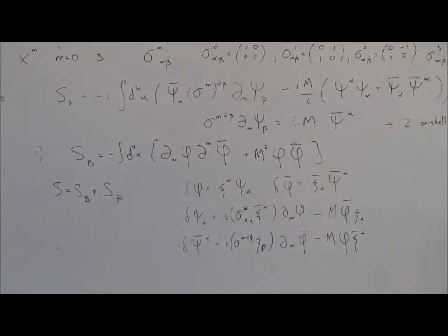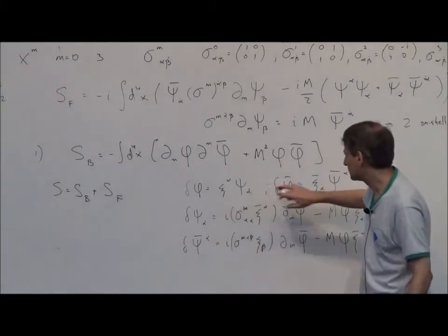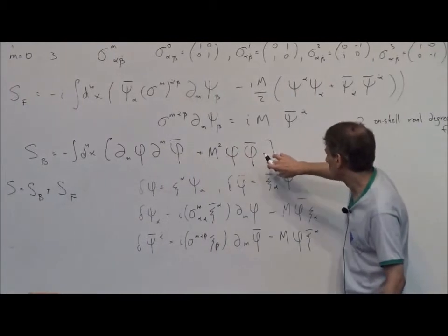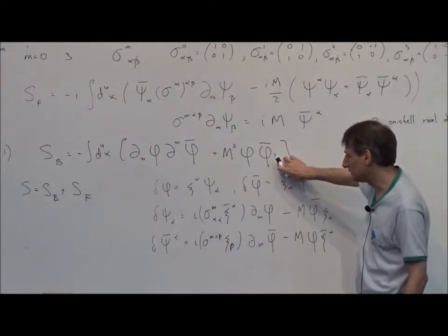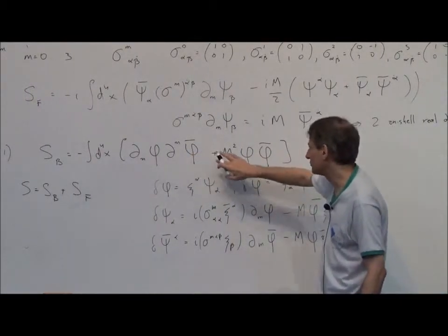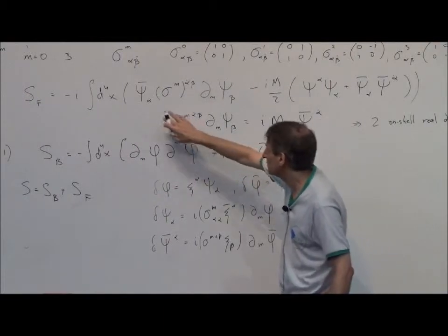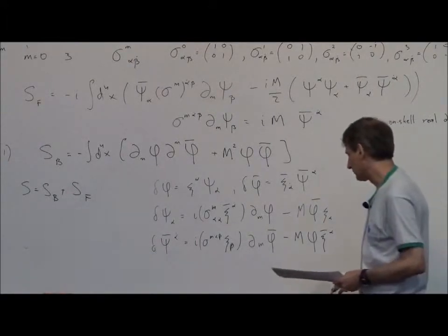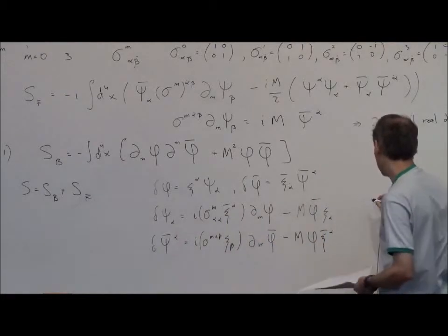So now you just check. If you do this transformation, you want to check that this bosonic action will, of course, not be invariant. It will involve transformations of phi, which will turn into psi. But it will be canceled by the transformation of S_F. Now, of course, we can check that the algebra is preserved.